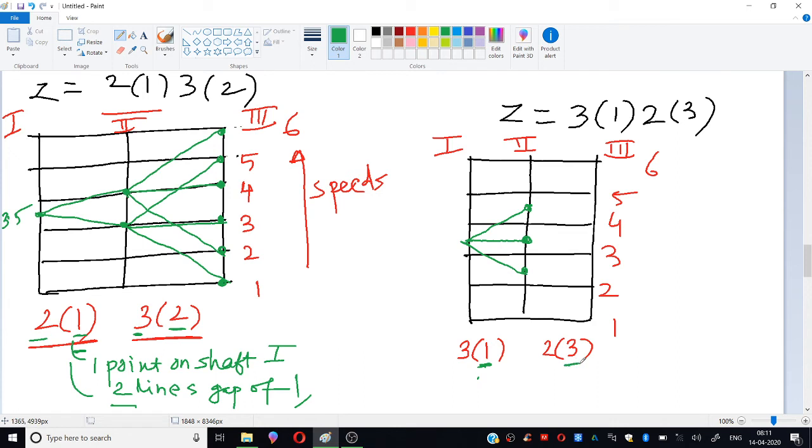And from this, the second stage, there will be 3 points on the shaft 2. From that shaft 2 we are going to draw 2 lines each at a distance of 3. So from each point we are going to draw 2 lines at a distance of 3. So for this, with the lower point, for a distance of 3, this is the 1 point and this is the other.